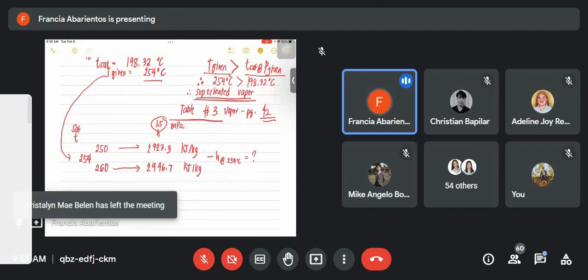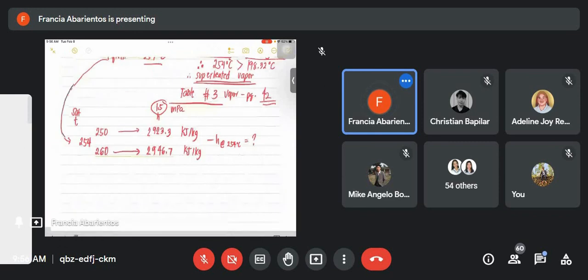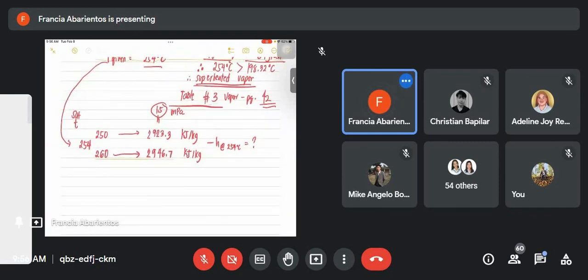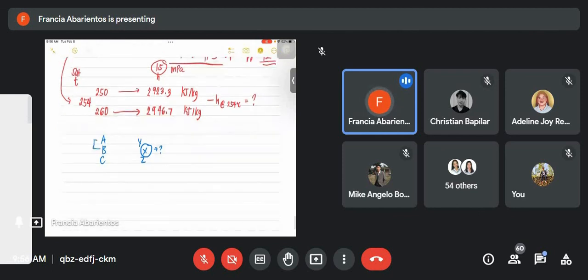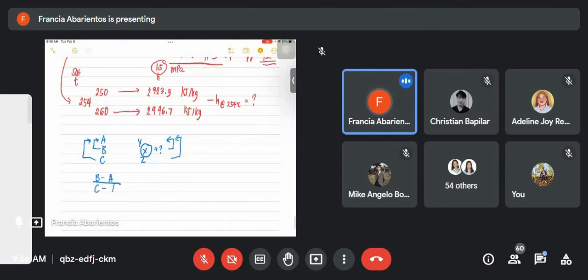In interpolation, we have A, B, C, and X, Y, Z. Usually, what we do not know is X. B minus A over C minus A is equal to X minus Y over Z minus Y. This is the interpolation.